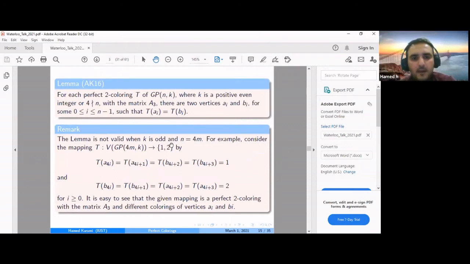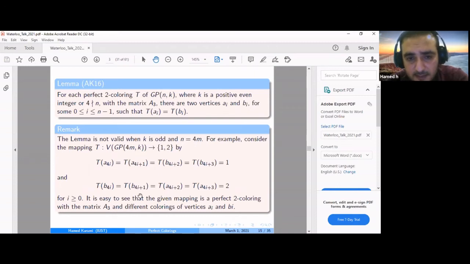For each perfect 2 coloring T of GP(n, k), where k is a positive even integer or 4 doesn't divide n, with the matrix A3, there are 2 vertices that are the same color. It is a beautiful lemma. This lemma is not valid when k is odd and n is 4m.